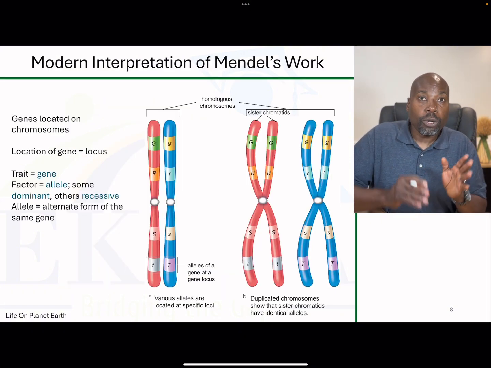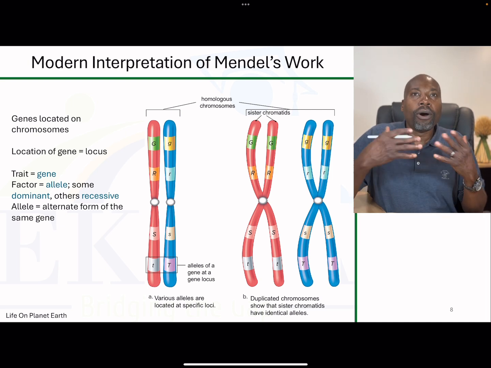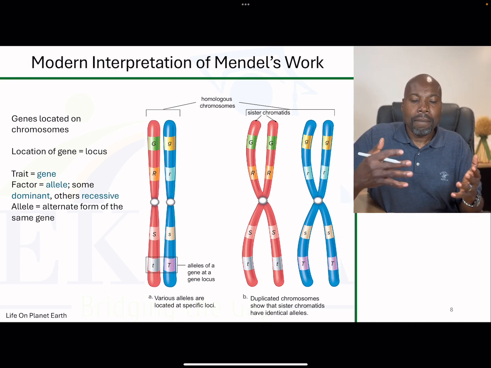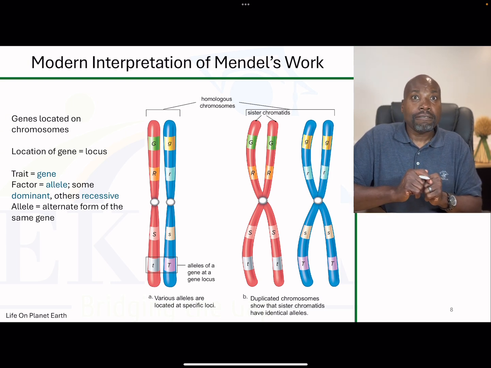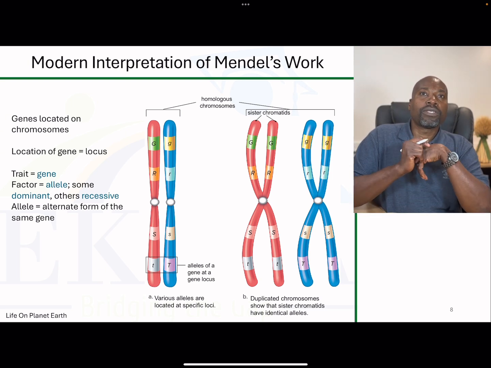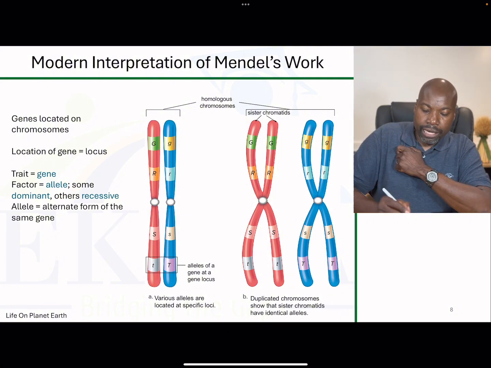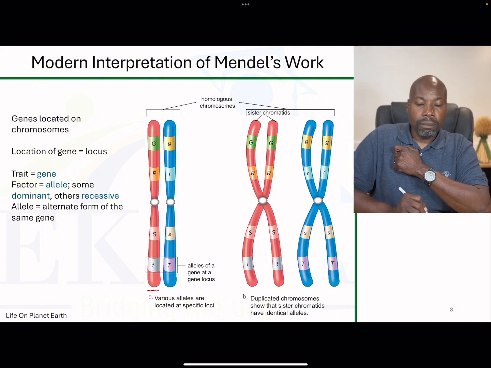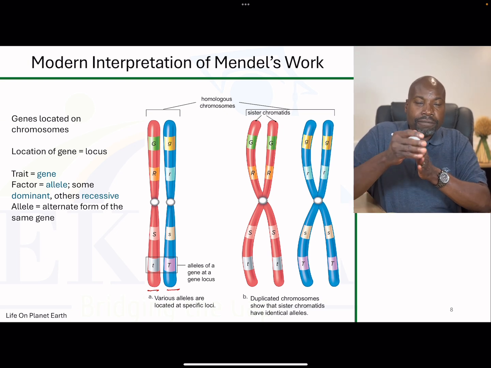All right, so now let's dive into the modern look at Mendel's work. Now remember, we have two sets of chromosomes that are homologous chromosomes, right? One we receive from mom and one we receive from dad. And each set of chromosomes is going to have genes that are at different locations.